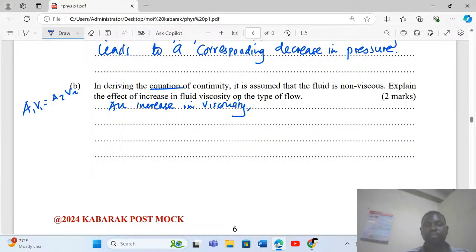This can be brought about by issues to do with increase in density. Then it may lead to turbulent flow.